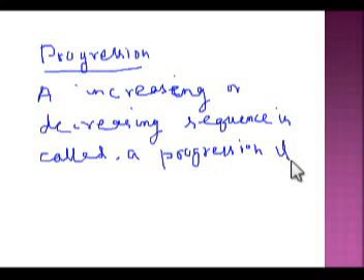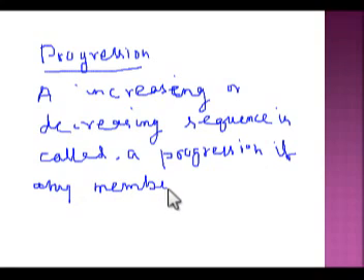If any element or member can be obtained from another member, it is called a progression. So there must be a certain rule, otherwise you cannot obtain a member from another member.